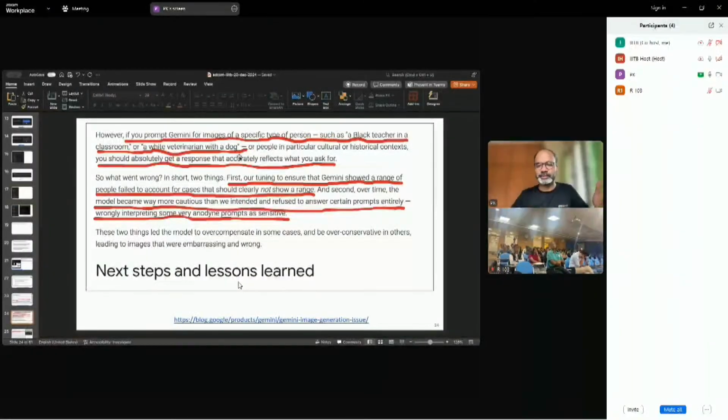You can't produce a diverse set of images for a prompt like a black teacher in a classroom, right? But Gemini ended up creating a diverse set of images, as they were trying to solve the bias problem by providing a distribution of images closer to the prompt. But in the process, they ended up not addressing the specific types of queries. Again, an alignment problem, right? The alignment between what was planned and what was actually delivered by these models was not clear.